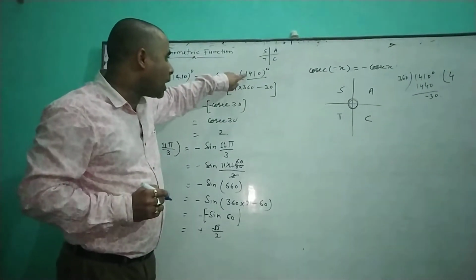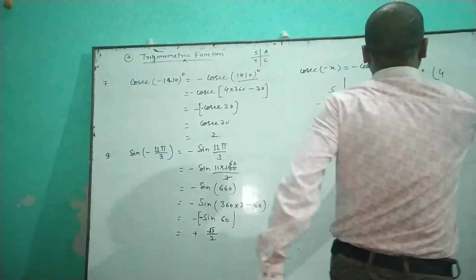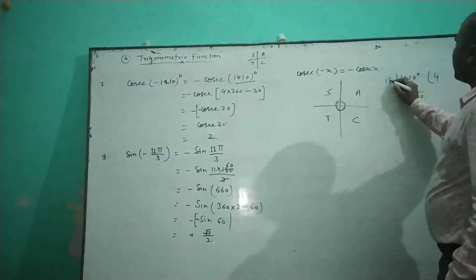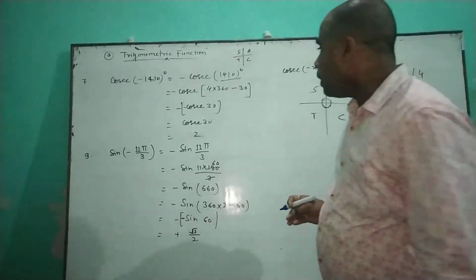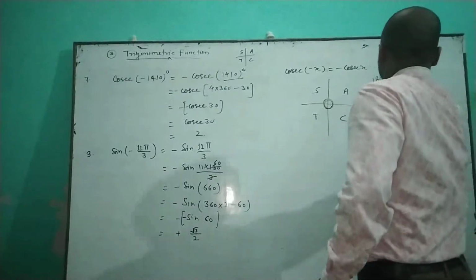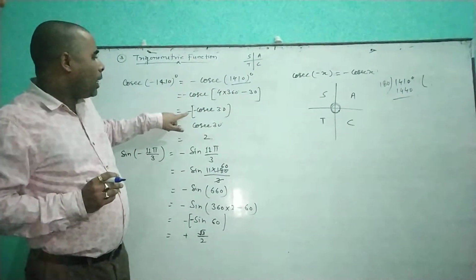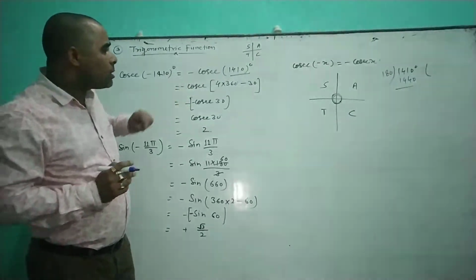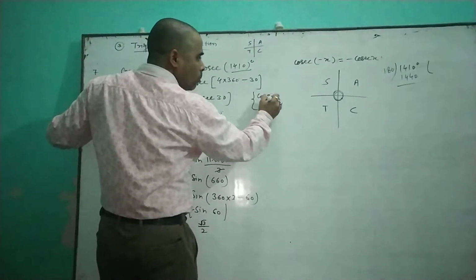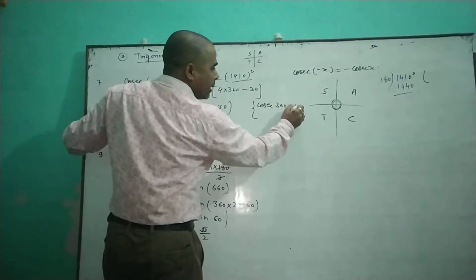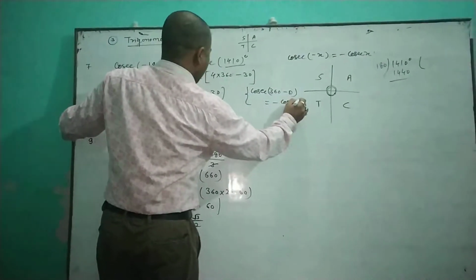Now we have to convert it into this form, and we could also divide by 180, but according to this we write here 4 into 360 minus 30. Now this is the one formula we have to use here: cosec of 360 degree minus theta is equal to minus cosec theta.